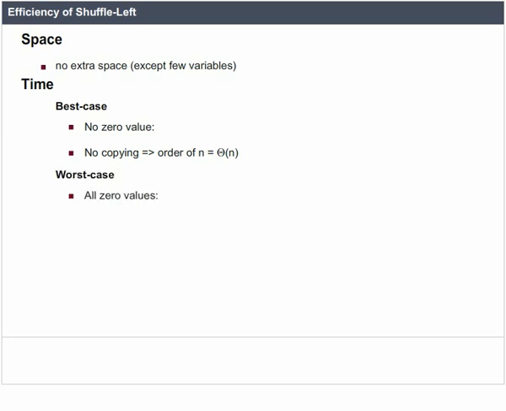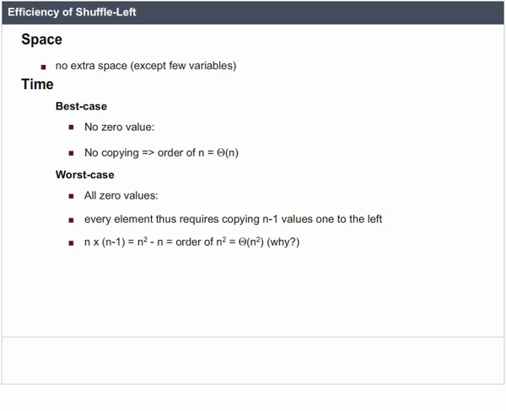Every element thus requires copying, n minus 1 values one to the left, n into n minus 1 equals n squared minus n, equal to order of n squared, that is O of n squared. Average case: half of the values are 0, n by 2 into n minus 1 equals (n squared minus n) by 2, equal to order of n squared, that is O of n squared.